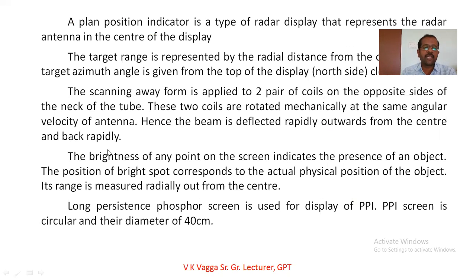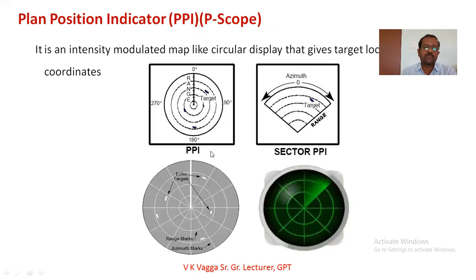So the brightness of any point on the screen indicates the presence of an object, and the position of the bright spot corresponds to the actual physical position of the object. Its range is measured radially out from the center. It is measured from the center, as I said.